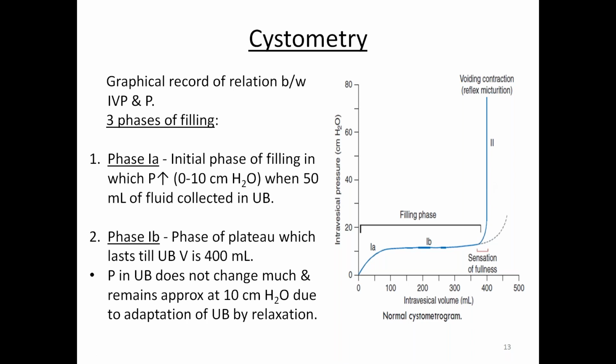Now when the intravesicular pressure is increased to 20 to 40 by the normal voiding contraction, if at this stage voiding is not initiated for some reason, the pressure rises from 10, it can go even up to 60 or 80 centimeters of water.